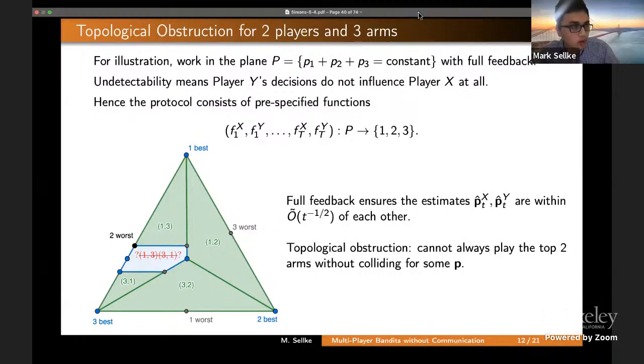So you're thinking of collisions as really undetectable. No, I'm not talking about collisions. I'm talking about estimates for the rewards of the arms. I understand that the p hats are different from the real p's. Maybe I think the top is 1, you think the top is 3, and this happens in the rounds, we collide.